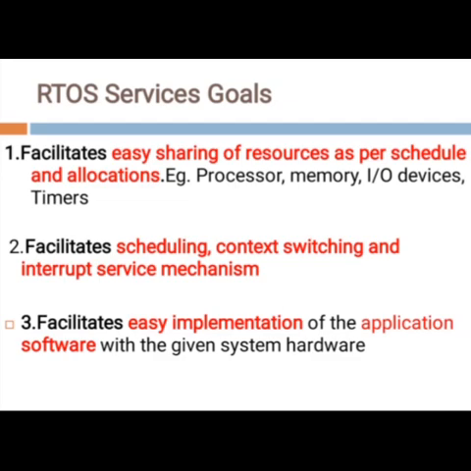It is similar to push and pop instructions in the microprocessor. Next point, it facilitates easy implementation of the application software with the given system hardware. An application uses the functions provided in the operating system.